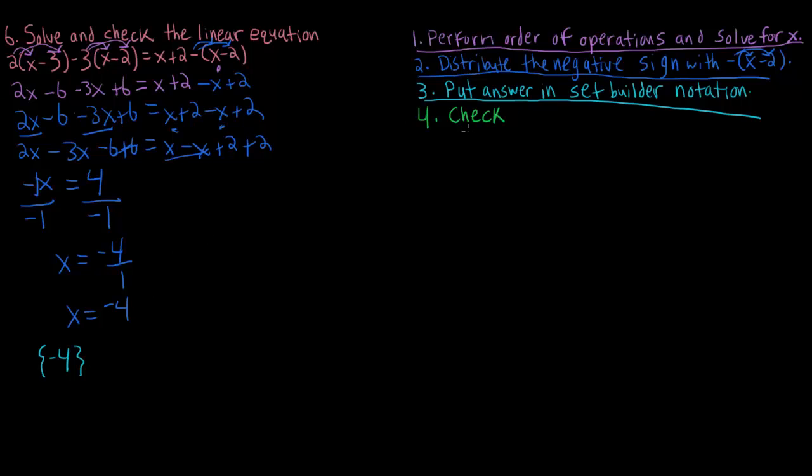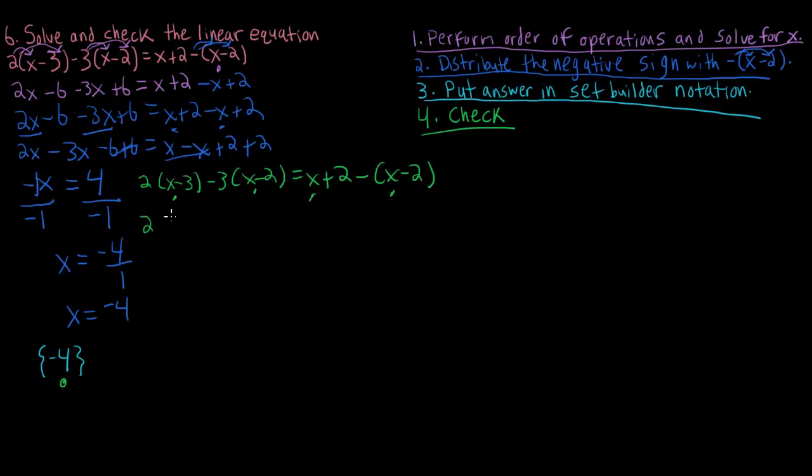And finally, step 4, we need to check that negative 4 is the correct answer. So if we take our original equation, 2(x minus 3) minus 3(x minus 2) equals x plus 2 minus (x minus 2), we're going to plug in our negative 4 value for all of our x values in the original equation.